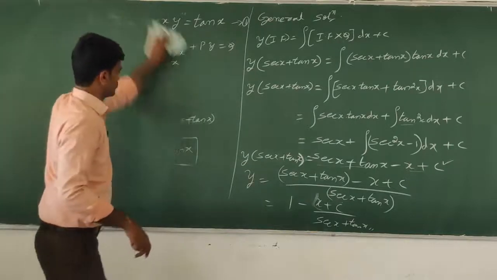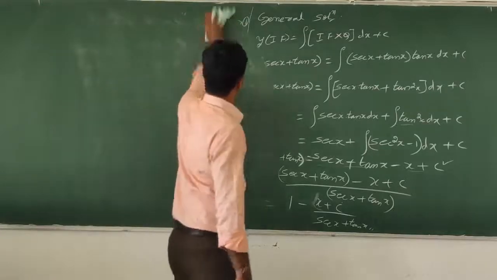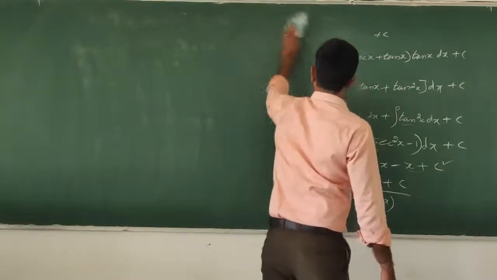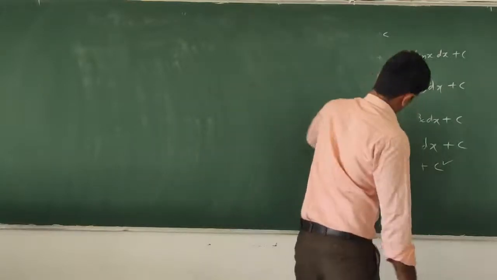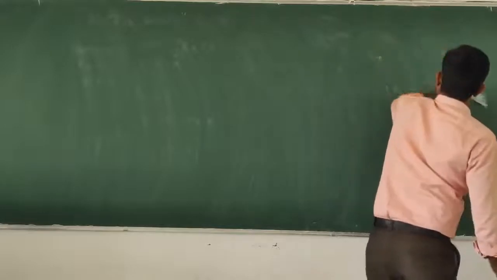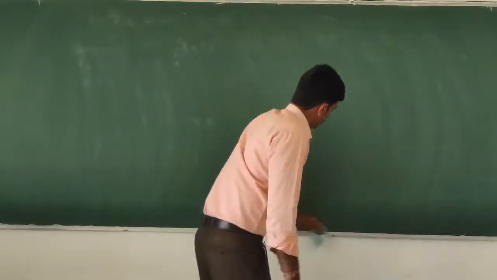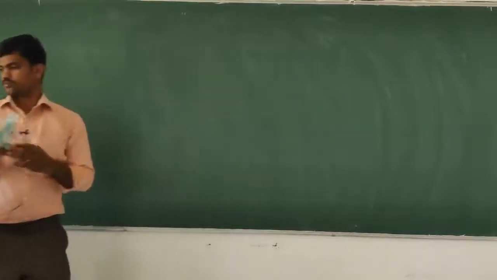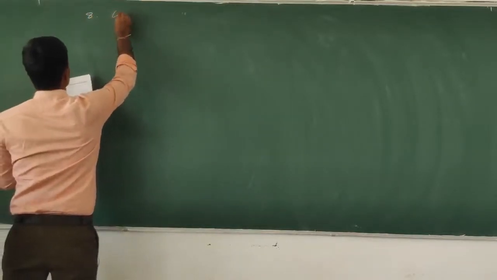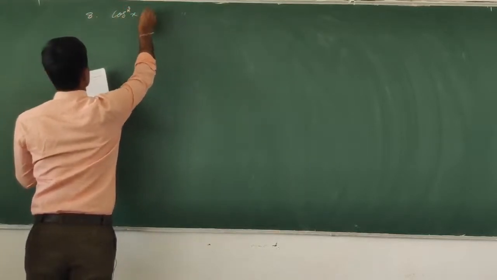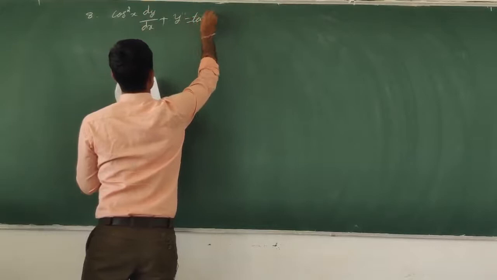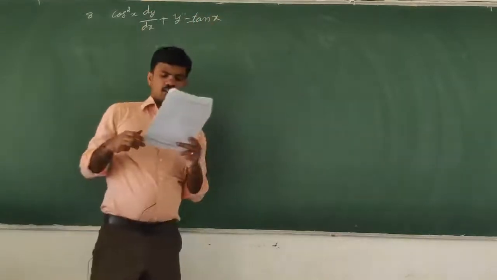The problem is cos square x into dy by dx plus y is equal to tan x. Cos square x into dy by dx plus y is equal to tan x.